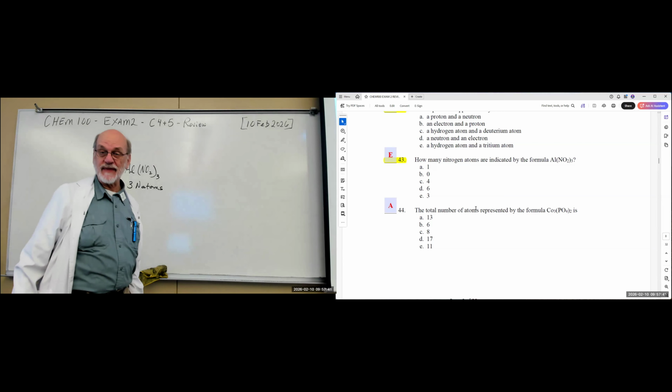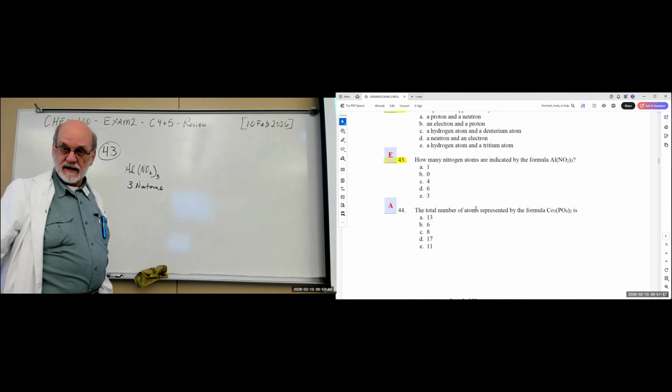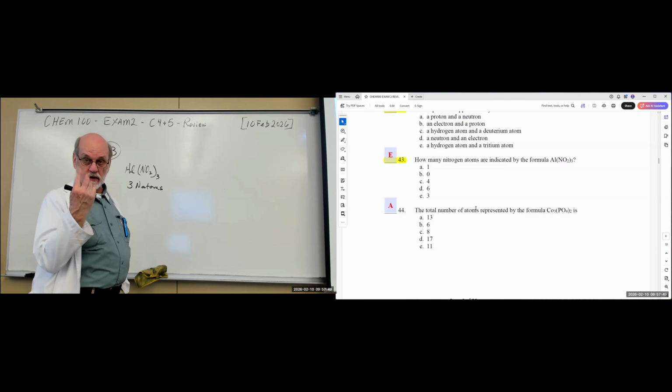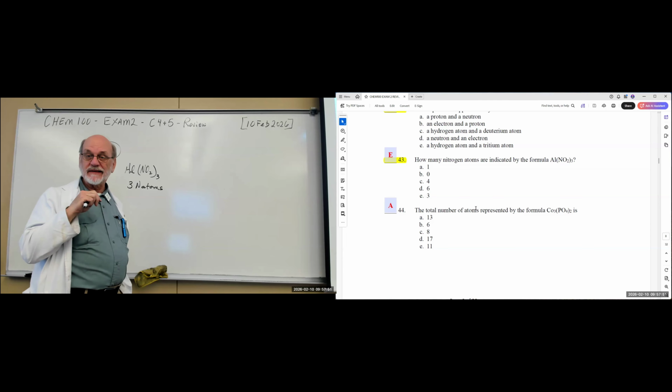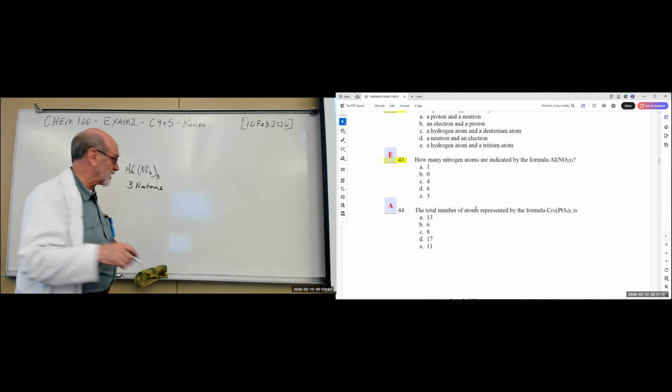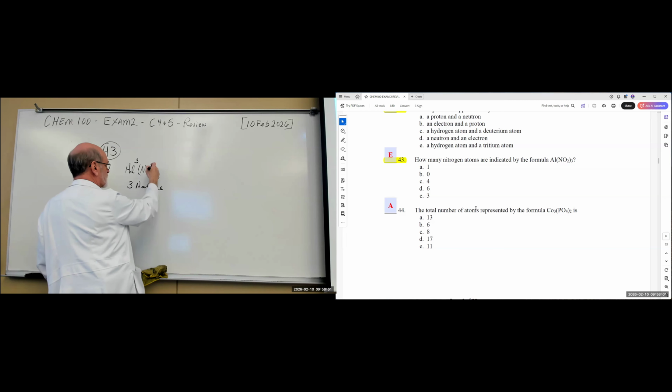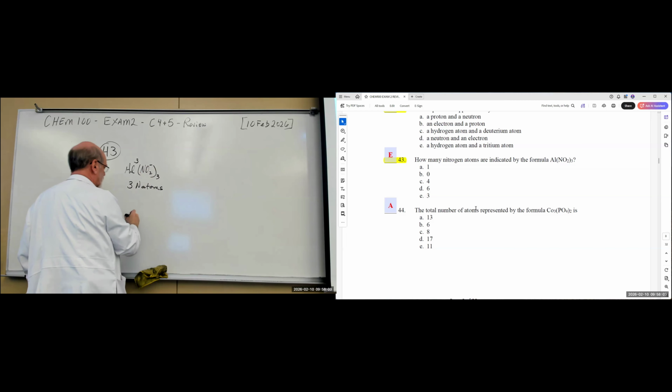Now, what if I ask you to name that compound? Is it a type 1, type 2, or type 3? Well, it's got a metal in it, so it's either a 1 or a 2. But we got to break the tie. Does aluminum have a fixed charge? Yes, it does. It has a 3+ charge. Right? And this is nitrite.